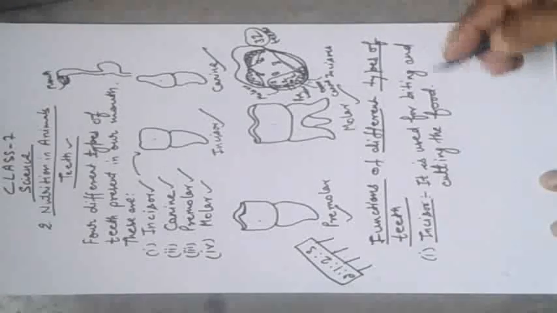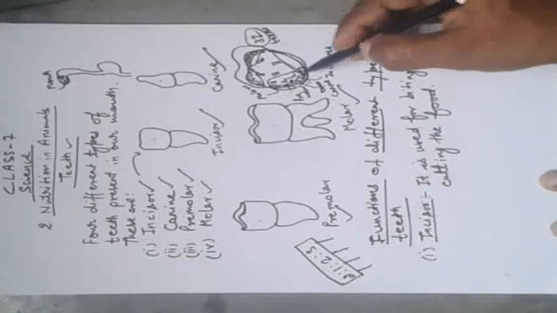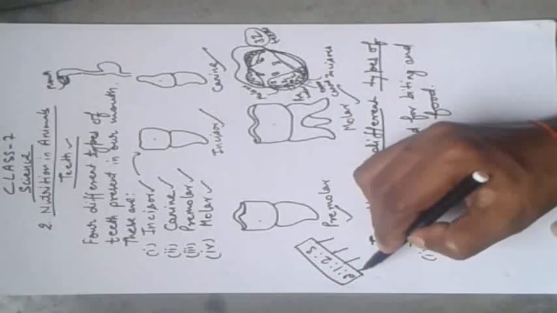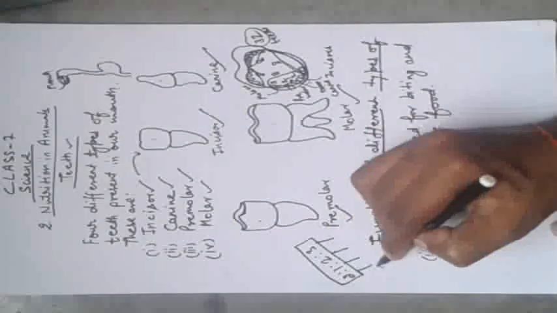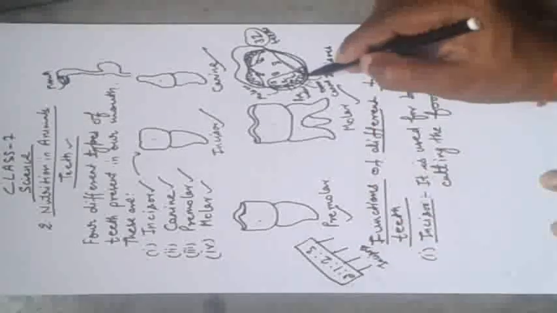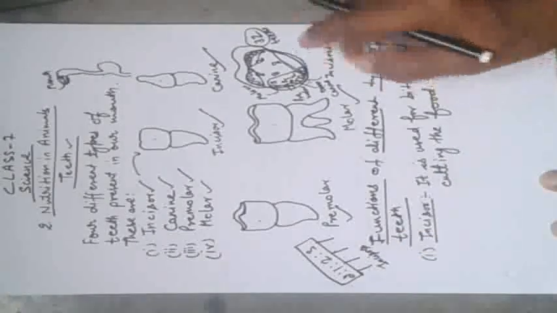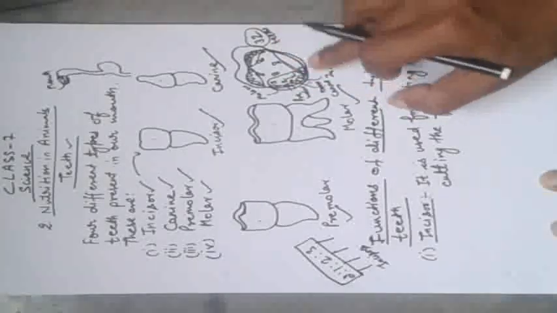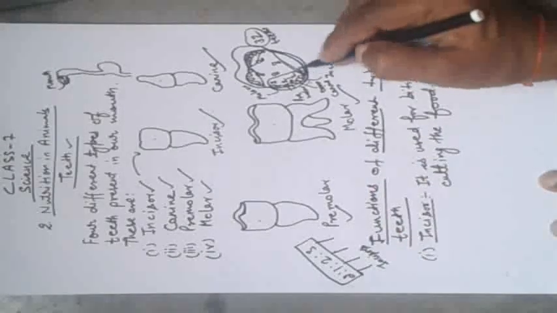And how many are present in each jaw? Half of the jaw teeth are available in this ratio. This is the incisors. So in half a jaw, 2 incisors are available. In each jaw, 2 in one half and 2 in the other half.